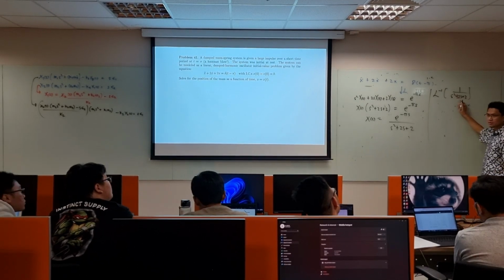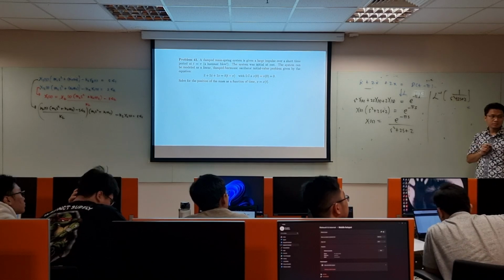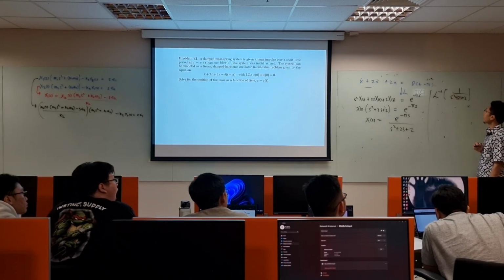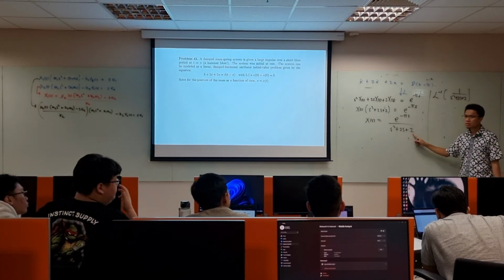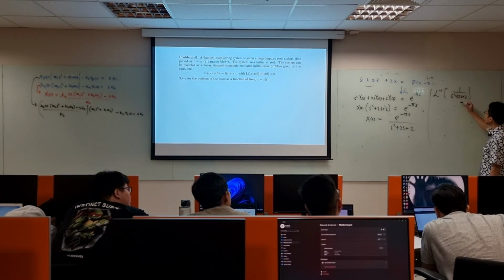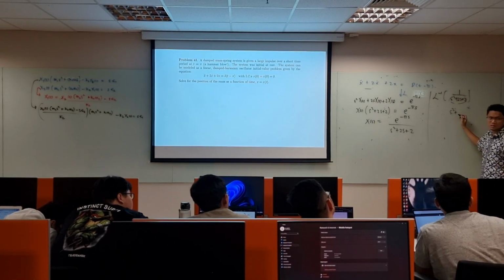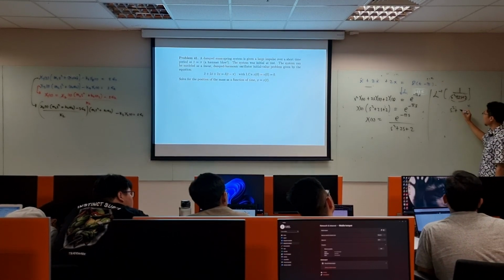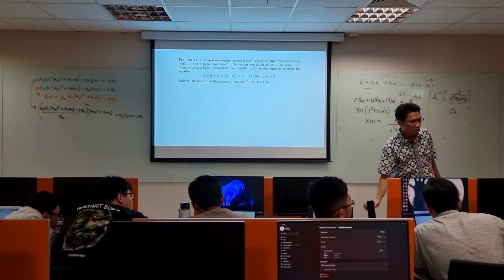Concentrate on this first, that's the F(t): 1 over s square plus 2s plus 2, the quadratic, which is s plus 1 square plus 1.